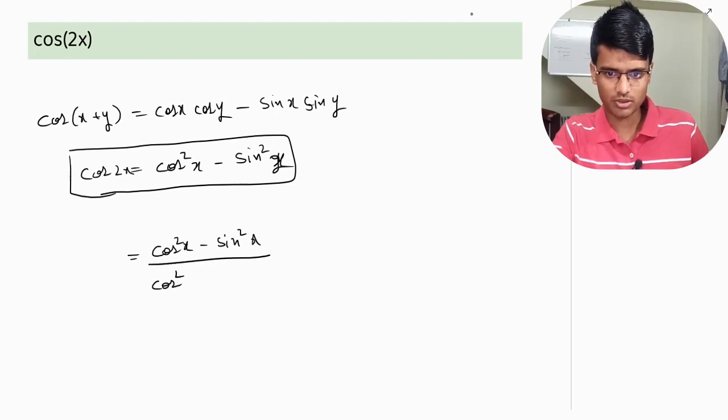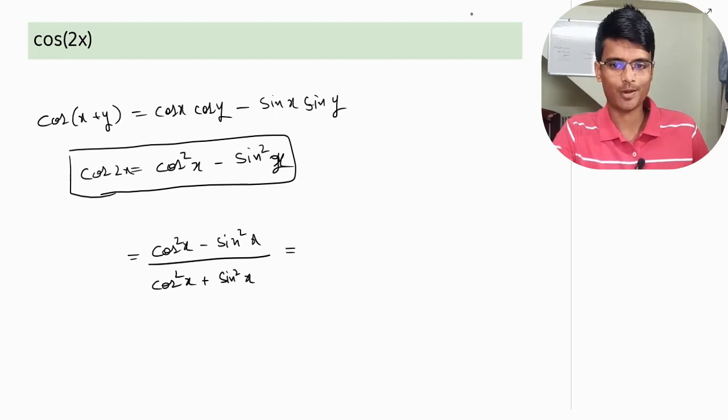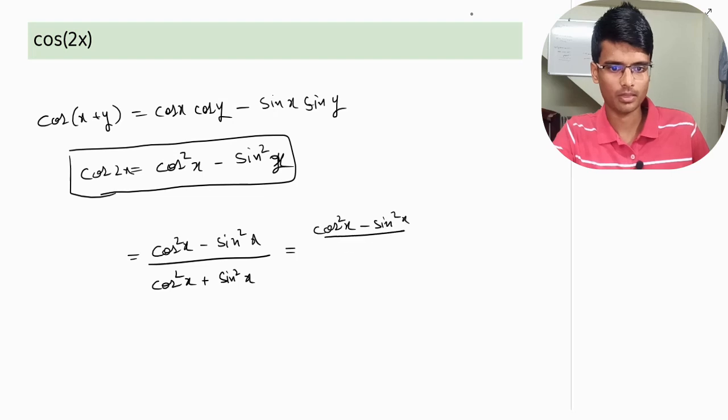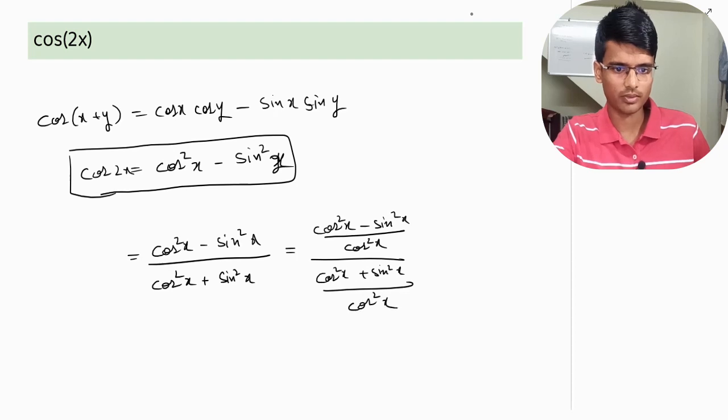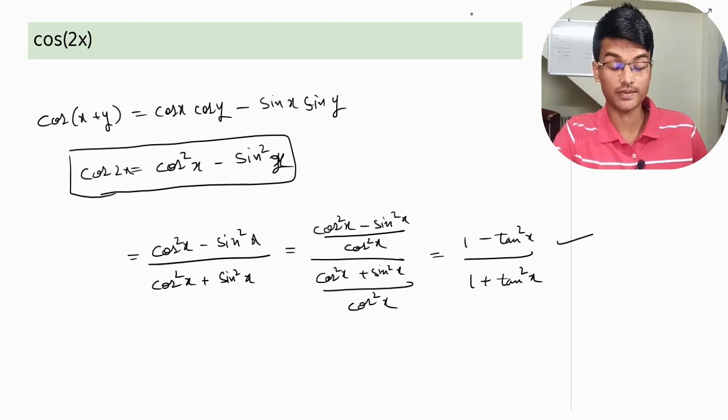I can replace it with cos square x plus sin square x. Now dividing by cos square x in the numerator and denominator, I get 1 minus tan square x over 1 plus tan square x. Very important. This is the formula expressed in terms of tan.